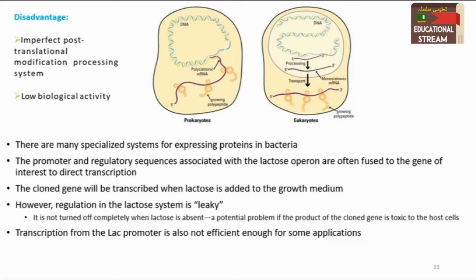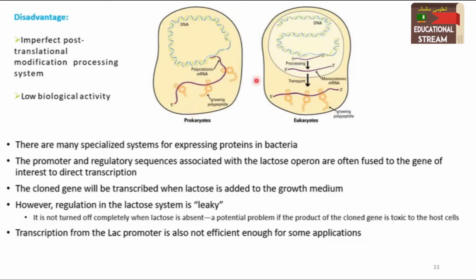When the messenger RNA is formed, it is known as a polycistronic messenger RNA, because it encodes more than one kind of protein. And as the messenger RNA is synthesized, ribosomes become attached to it, and protein formation, or the process of translation, occurs.